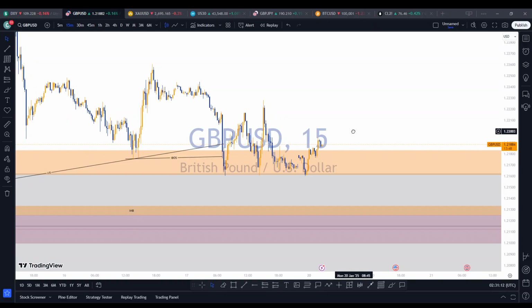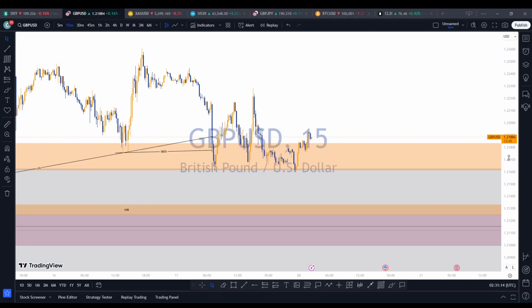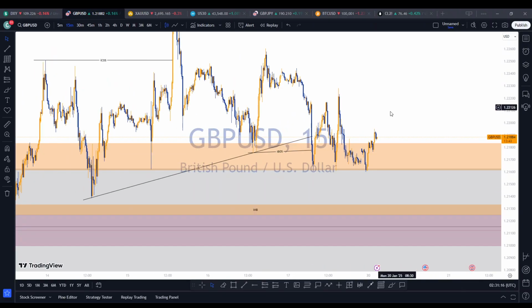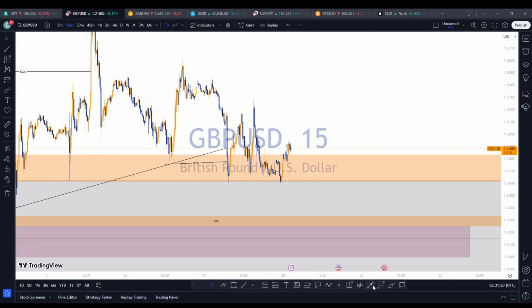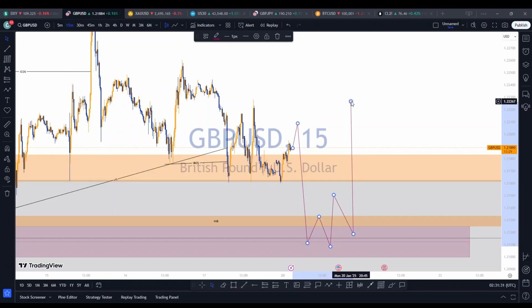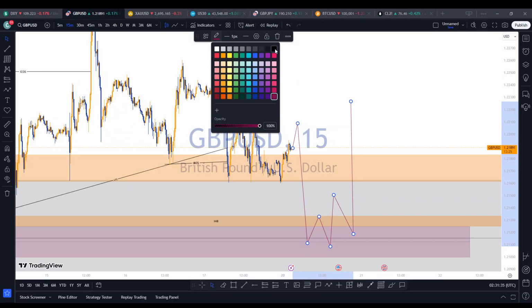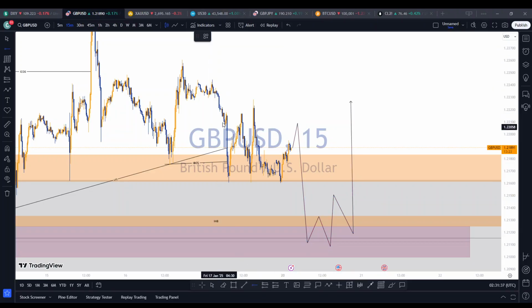For us to take the trade, for a sell, I don't want to sell, probably buy. Maybe something like this, then come in, then we might take a trade to this, which would be a good TP area.